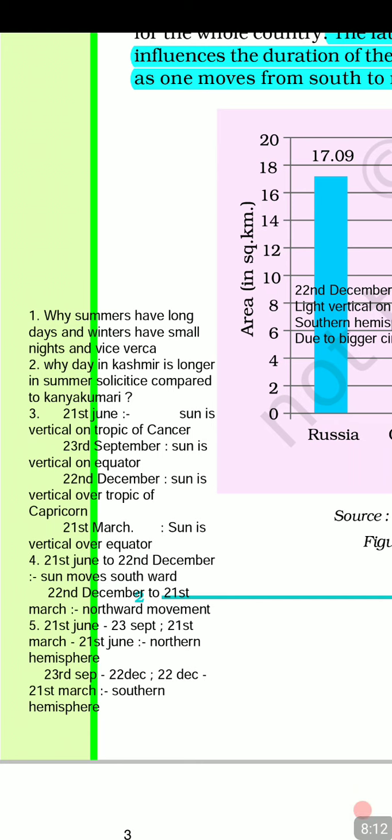And on the equator, write 23rd September and 21st March. Okay, so quite interesting.